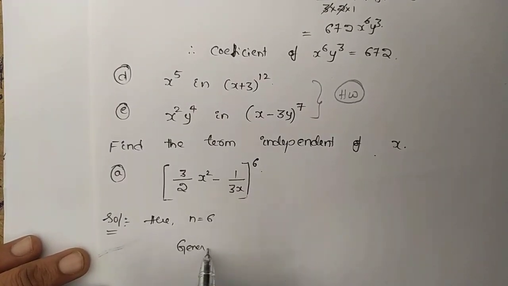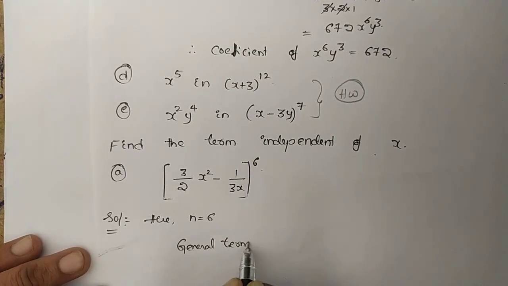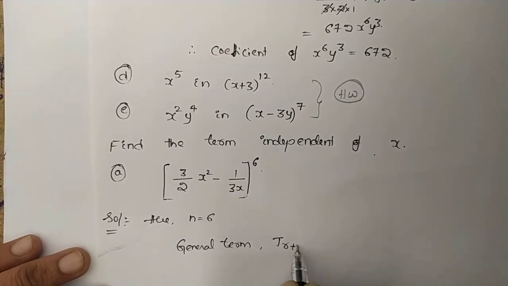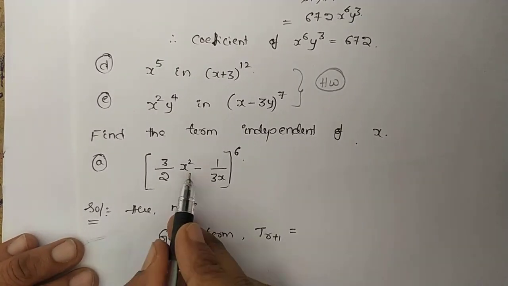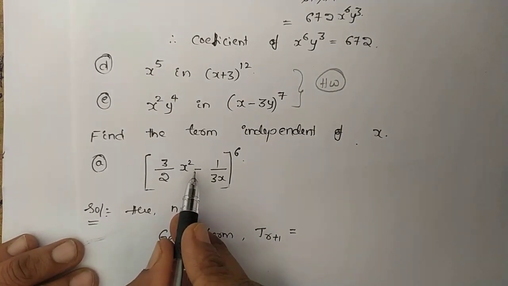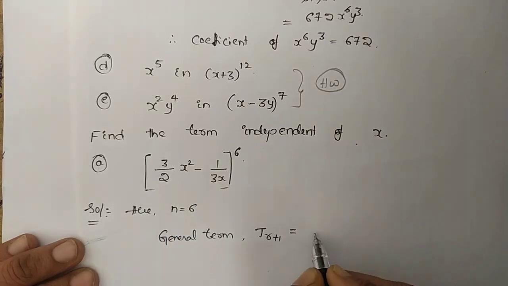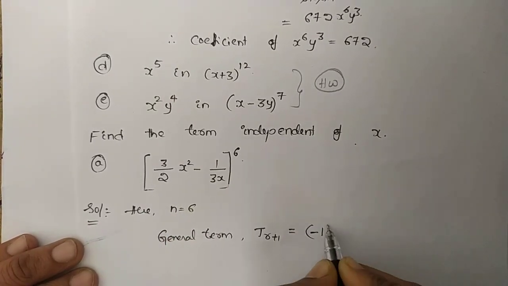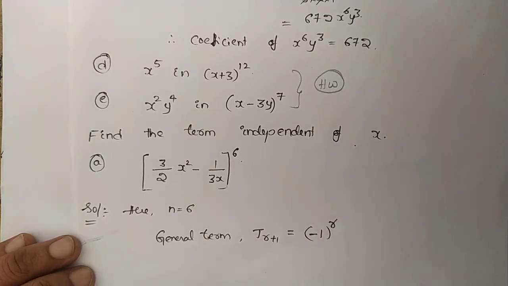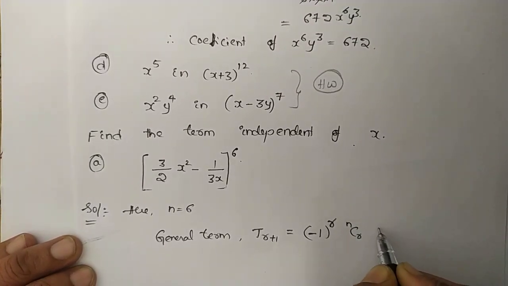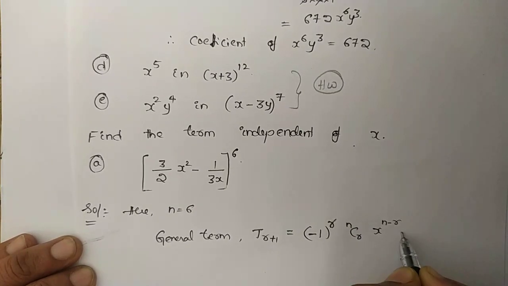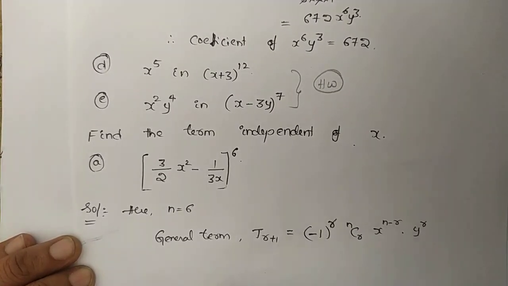General term. What is the general term? Before that, see the sign of the given expansion. Sign of the expansion is minus. If there is a minus, there will be minus 1 whole power r, right? So nCr x power n minus r into y power r.